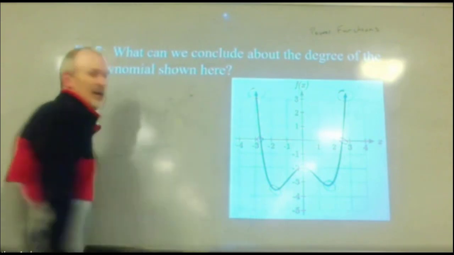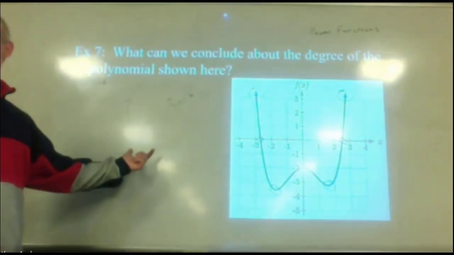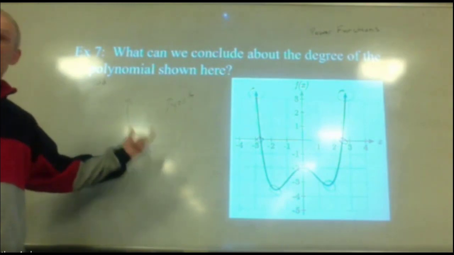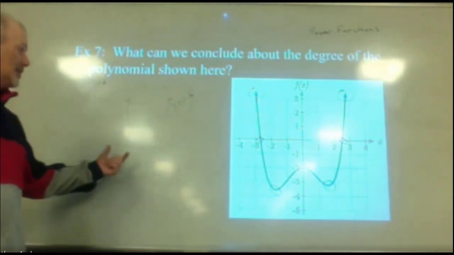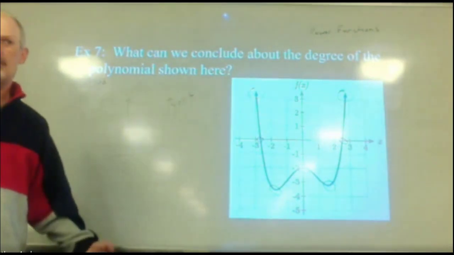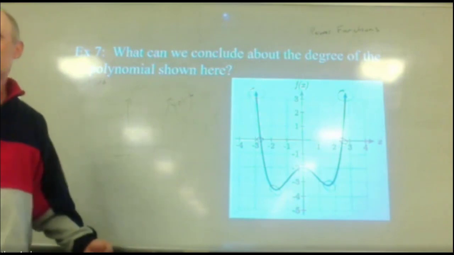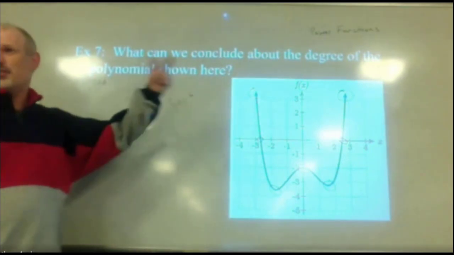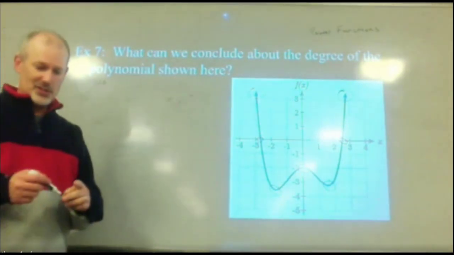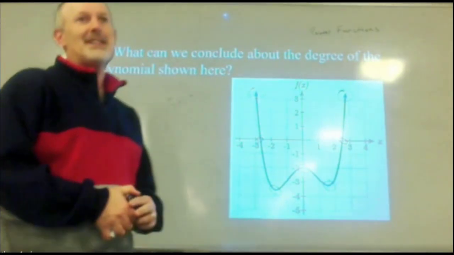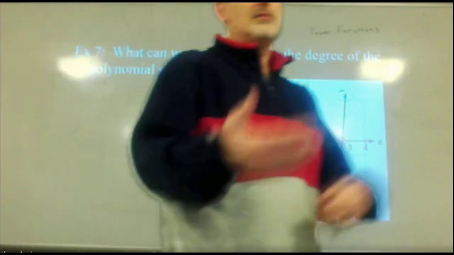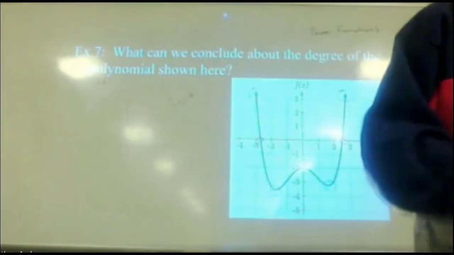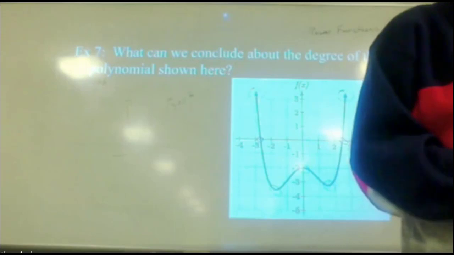Looked pretty similar to this. So it doesn't mean that it has to have exactly 2. It just has to have at least 2. Right? I maybe said at most last time. I meant at least. So the degree has to be at least 2, but it could be 6 or it could be 8 or whatever. So sometimes the shapes are deceptive, but what we know is it has to be at least 2. Okay? It might be bigger than that, but it's at least 2.